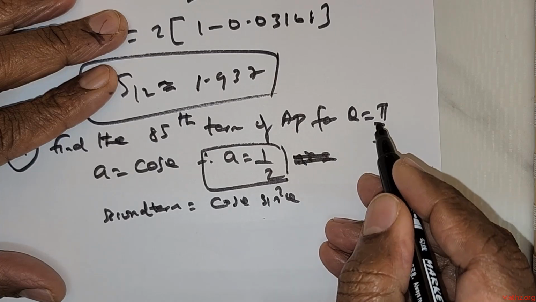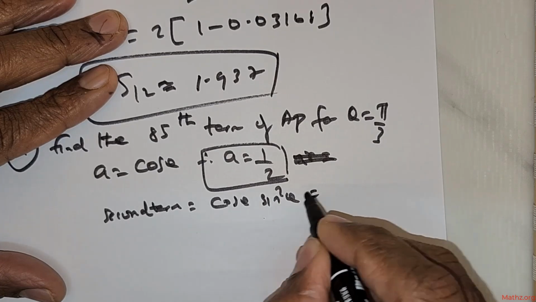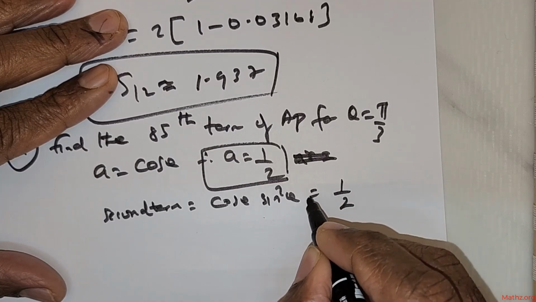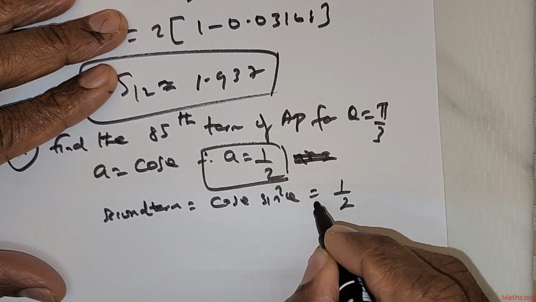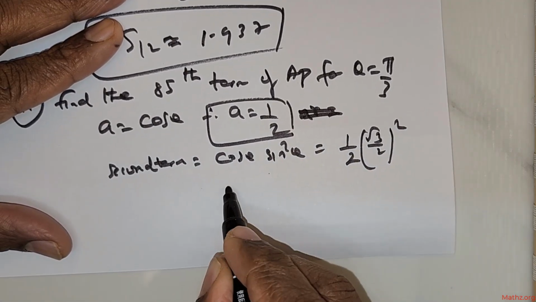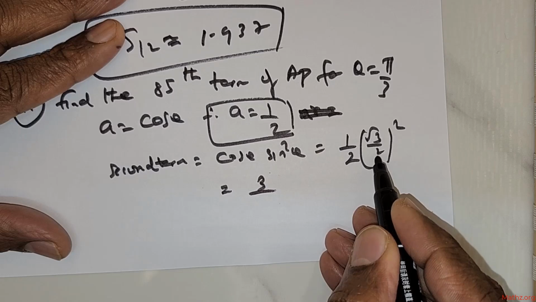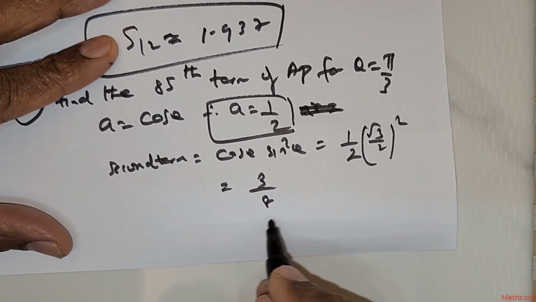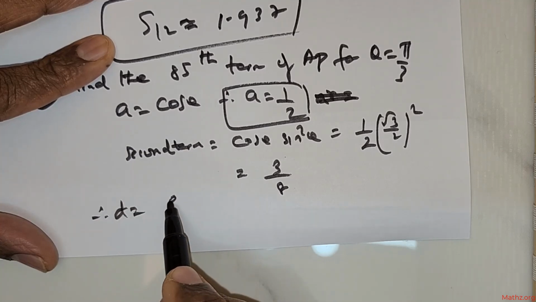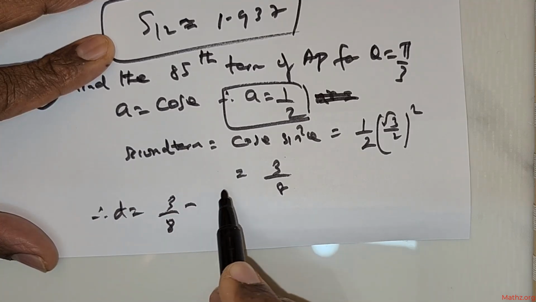But theta is equal to pi over 3, so cos theta we already got, that's 1 over 2, and in this case this value is going to be root 3 over 2 whole squared, which is 3 over 4. Times 1 over 2 is 3 over 8. So this is my second term, but we need to get the value of d. So d is going to be 3 over 8 negative 1 over 2.